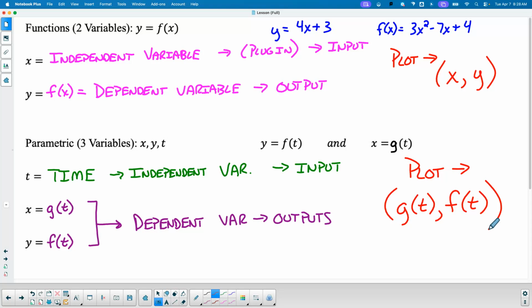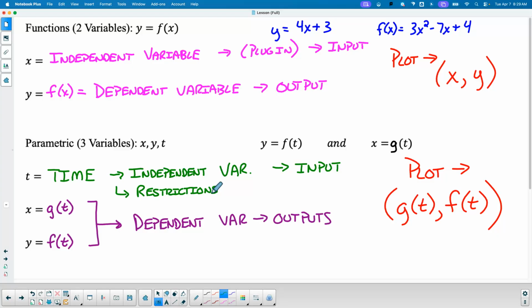Now, I will tell you that your t values also come with restrictions. Meaning there's going to be a limit to your t's.